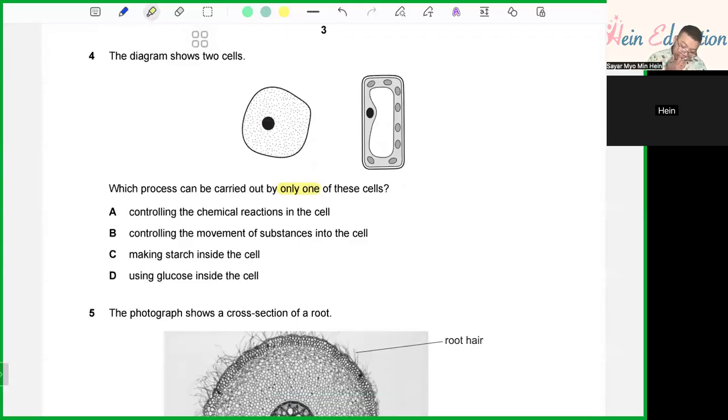Making starch inside the cells can be about photosynthesis, so this might be the answer. And D, using glucose inside the cells, is respiration, which both cells can perform. So the correct answer is C, because only plant cells can perform photosynthesis.